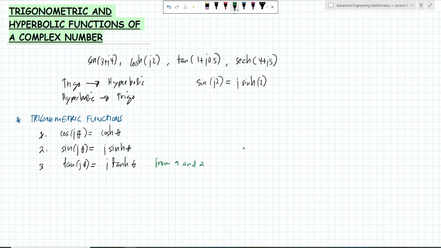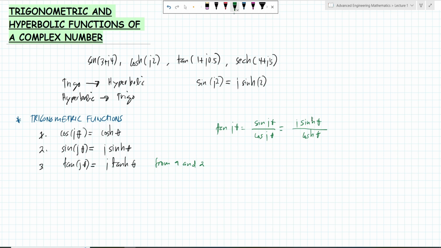The tangent of j theta is the sine of j theta over the cosine of j theta. The sine of j theta is j sine hyperbolic of theta, and the cosine of j theta is cosine hyperbolic of theta.